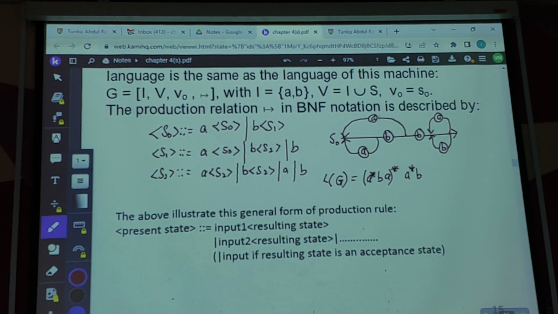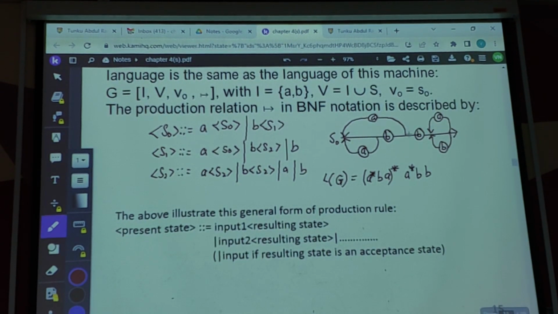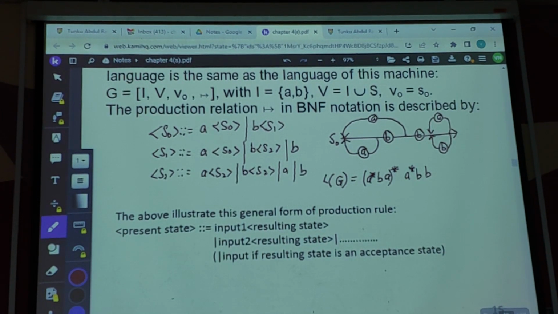So if you don't go back A, then you will go to B. So the first one is A loop B, then you come here. At this point, if you don't go back A, you go B, so you will have a B here.